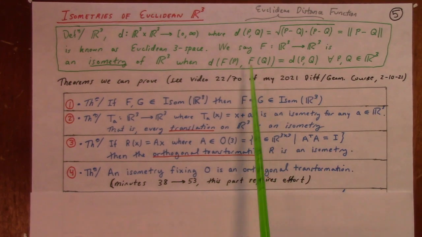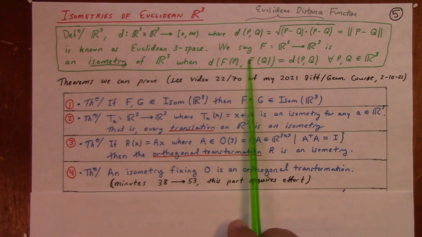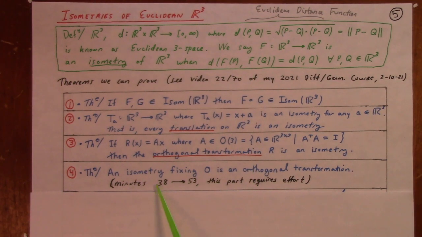You notice that the definition of isometry does not assume linearity. It's just an arbitrary map. So this theorem, number 4 here, is saying that distance preservation implies linearity, and more than that, it implies that it's a linear map of this particular form. It takes me about 15 minutes or so of that video to really prove this, and it's not the easiest thing.